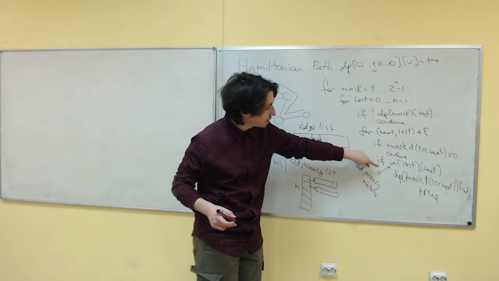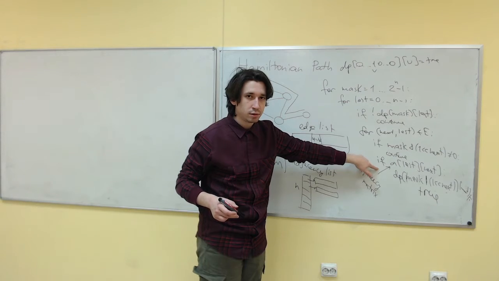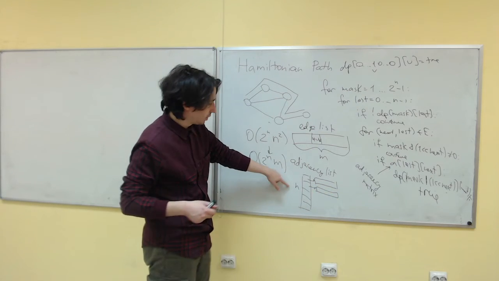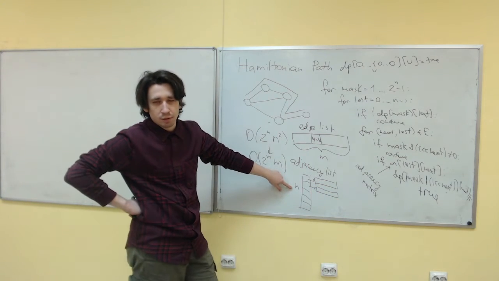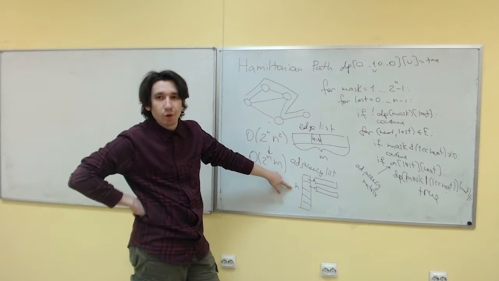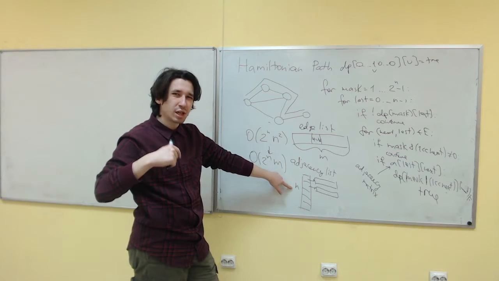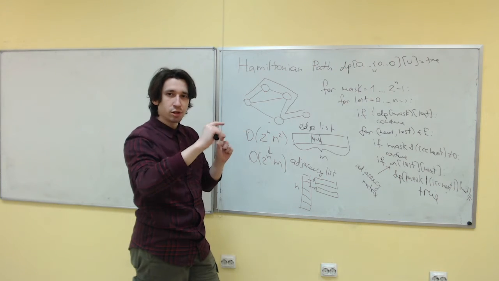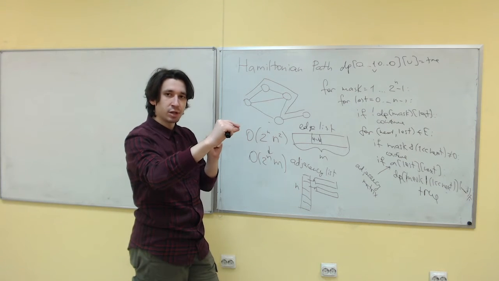Okay, adjacency matrix. It should be n squared, because it's simply a matrix. And for this one, it should be n multiplied by m, maybe? No, it will not be multiplied, because you do not store all the edges for each vertex, only the edges coming from this vertex.